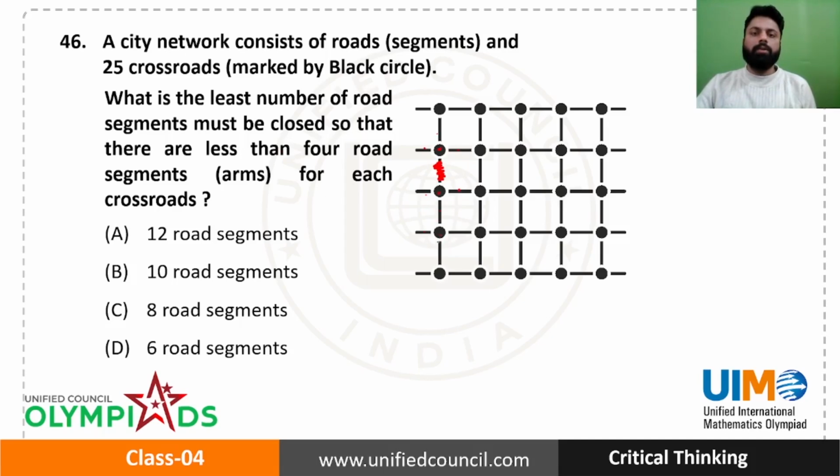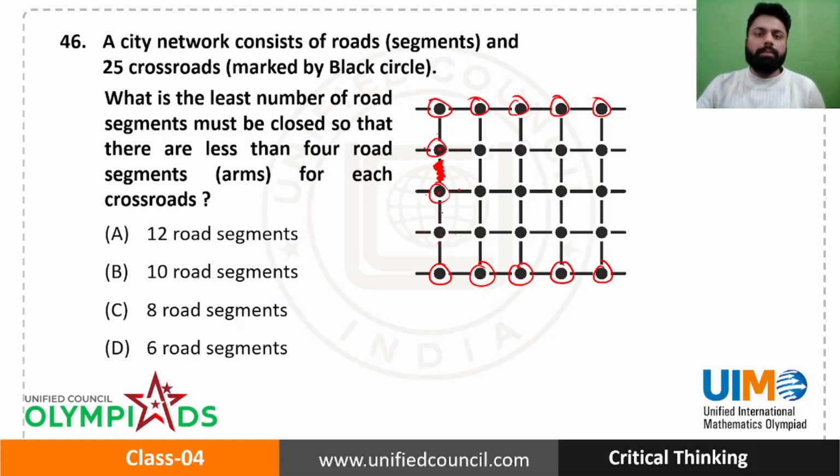This will have 1, 2, 3, 4. These are already having 1, 2, 3, 4, 5, 6, 7, 8, 9, 10. They are already having 3 roads, so not our concern. When we have closed this, these two are also having 3 roads. Now 1, 2, 3, 4, 5, 6, 7, 8, 9, 10, 11, 12, 13. Still 13 of them are having 4 roads at the crossroads. So we need to eliminate that.